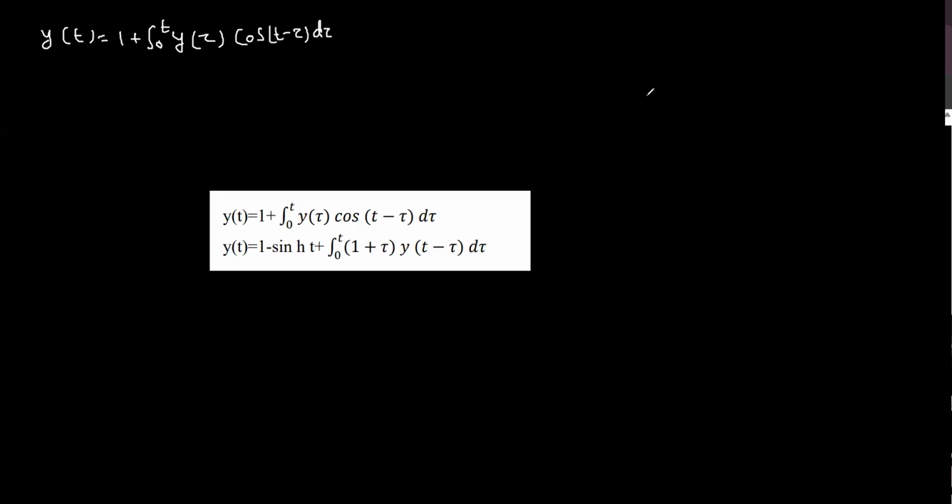What is convolution form? If any function is given in this form, f1(u) f2(t minus u) with respect to u, this is called convolution form, right? Convolution form always comes in product form. When you take Laplace, you will get f1(s) into f2(s), right?